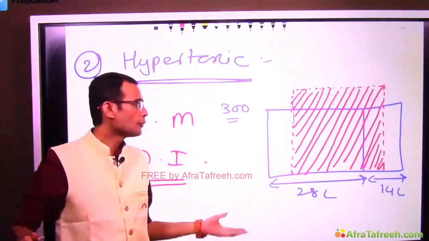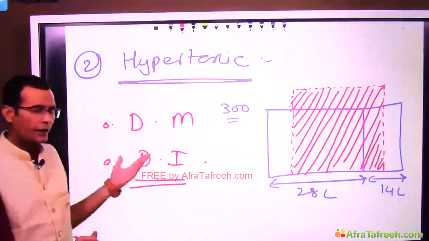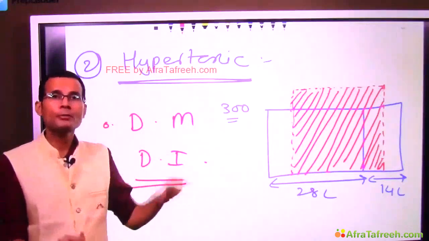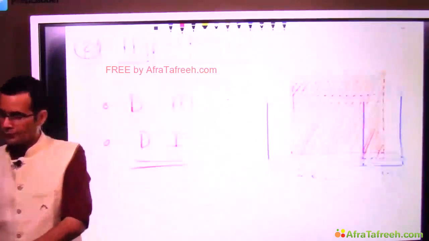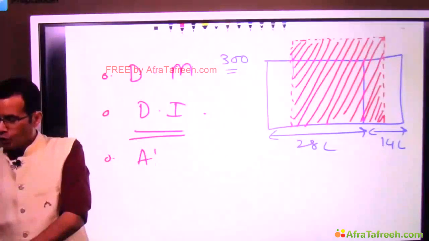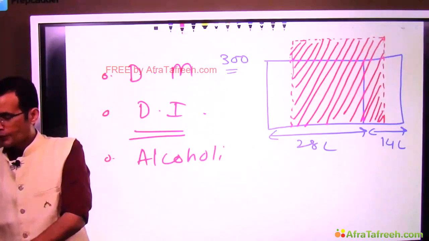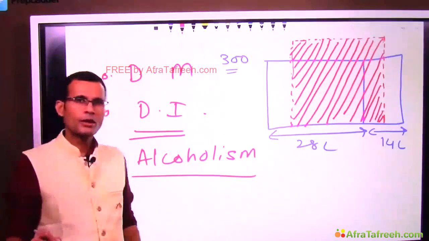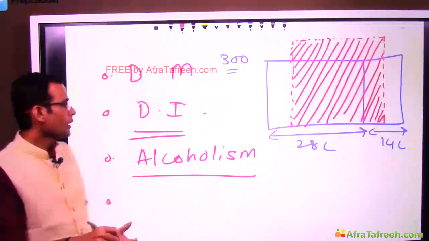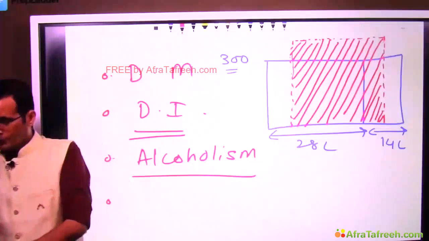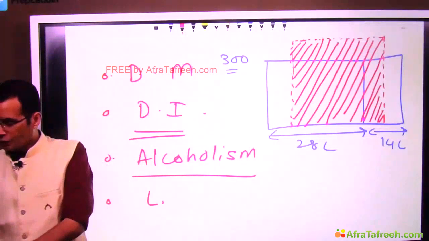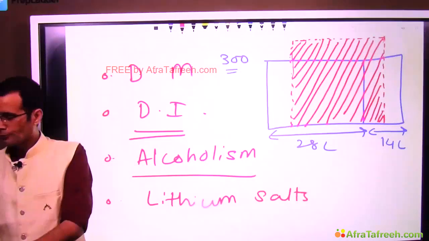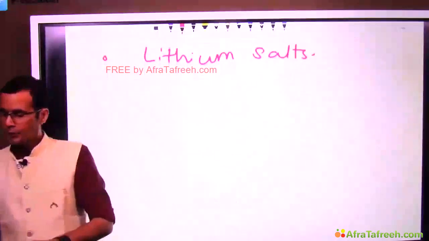Diabetes insipidus would be a deficiency of ADH, and therefore there would be diuresis and water will be lost into the urine. Chronic alcoholism. In chronic alcoholism, there is a water diuresis and only water is lost. Excessive water loss. Chronic administration of lithium salts is also known to cause hypertonic dehydration.